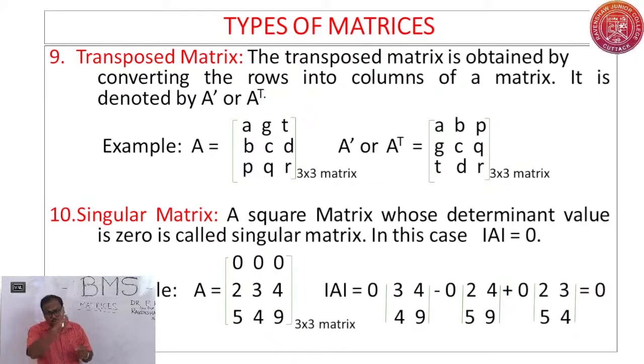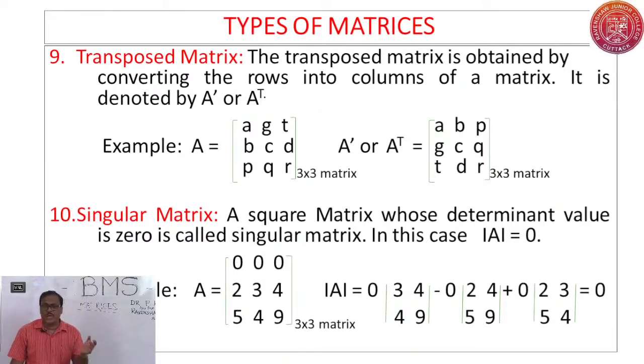You multiply 3 into 9. So the left-hand top element, or first element of the first row, is multiplied with the second element of the second row. So we get 3 into 9 minus 4 into 4. Then -0 into 2 into 9 minus 5 into 4.